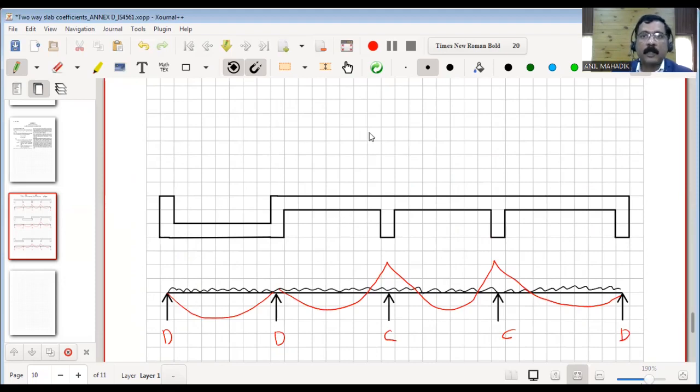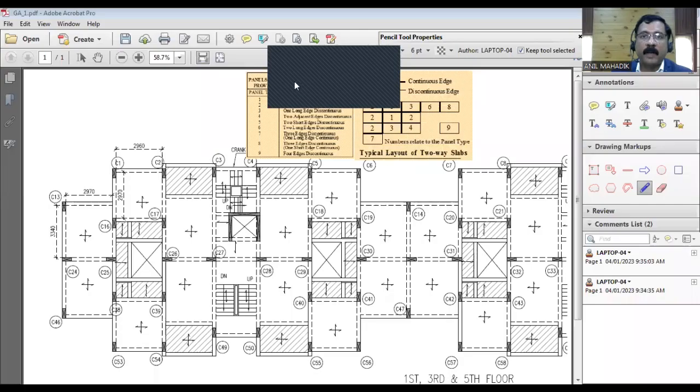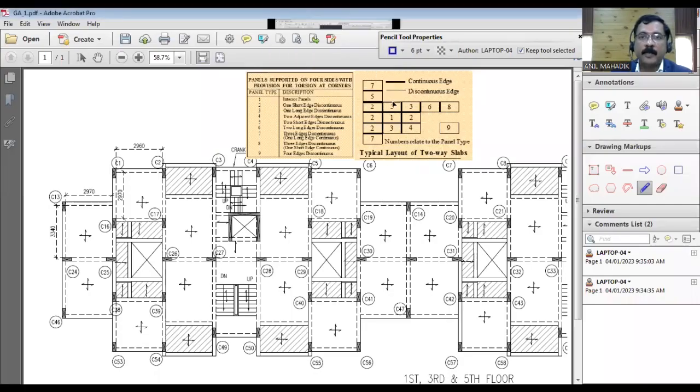Now we will see the practical problem, how to identify the boundary condition as per IS 456 Annex D. In that table, we have seen in our other videos, so you can refer to the other videos for understanding these concepts.